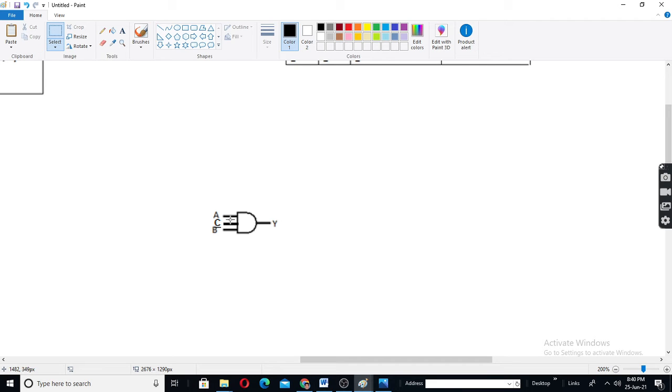Suppose say homework, everything is done. You can add another, A, B, C, D also if you wish. You can write like this. You can also show like this: A, B, C, D, E, F. Any number you can show. You can add like this.